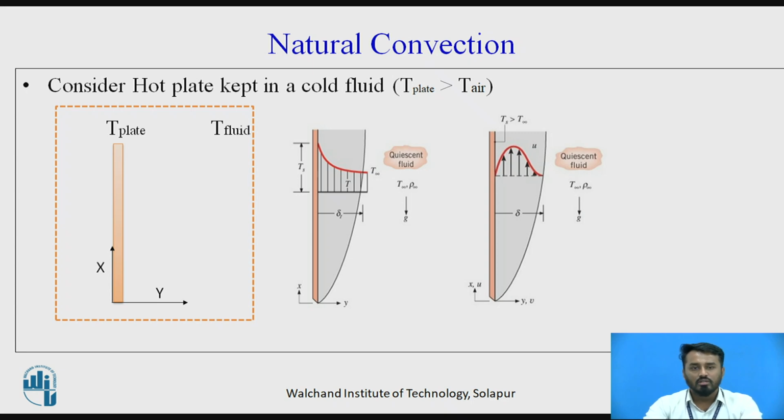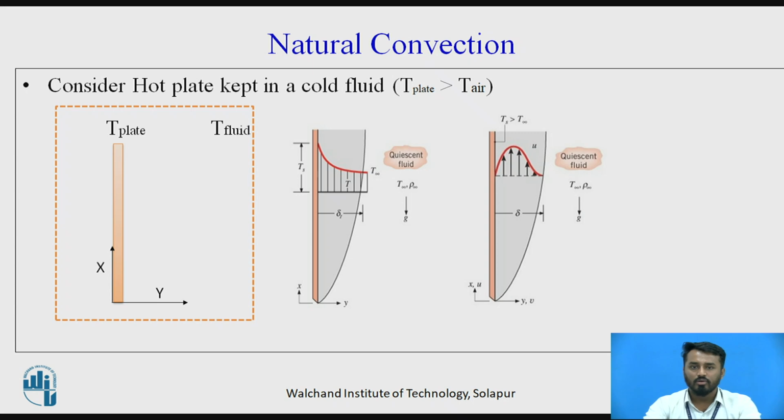So the fluid particles adjacent to the plate are in stationary condition and will take the temperature of the plate as it is. And based on fluid properties, the temperature profile will vary along the y direction as given below.